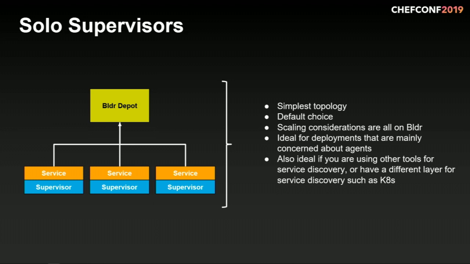It's also ideal if you're using other tools for service discovery. So say you're packaging up and deploying your application using Habitat, but you have a Consul service, or you're using Kubernetes and some Kubernetes native service discovery. You wouldn't necessarily need to join a ring to get the Habitat service discovery features. So you would instead just deploy these as individual supervisors, and basically they would be in there on their own and not talking to each other.